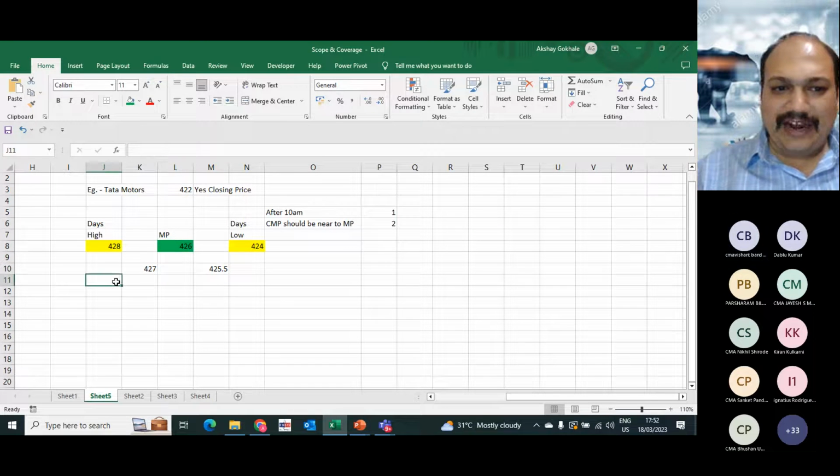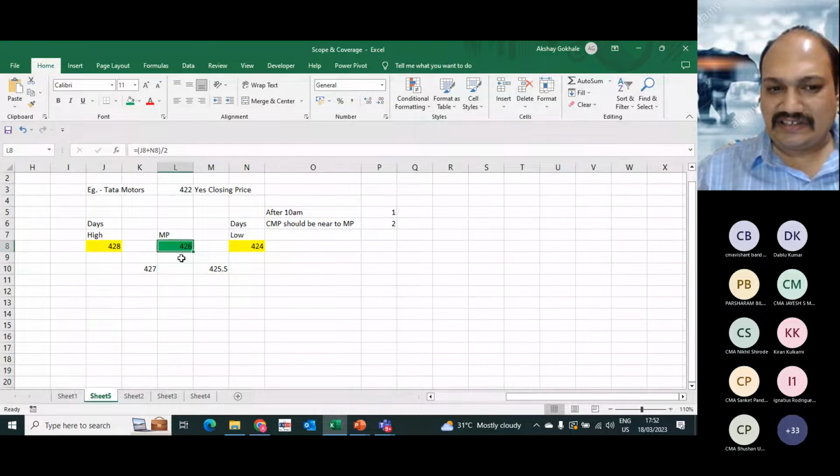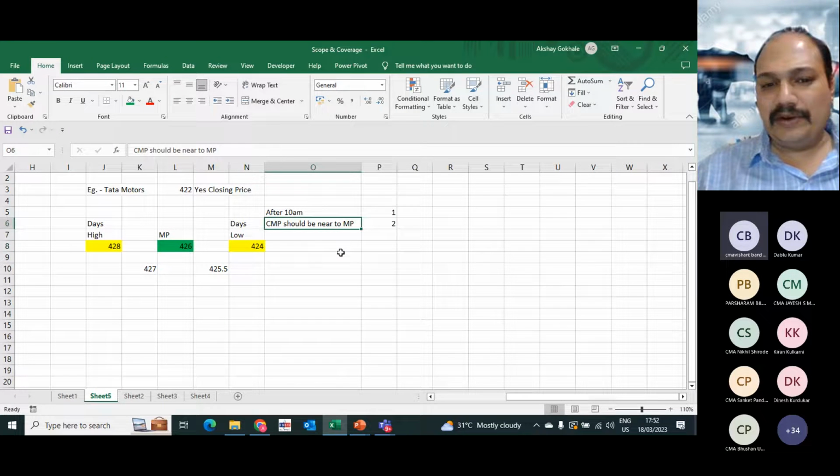So if Tata Motors is trading at 430, for example, 430 is far away from 426. There is a gap of 4 rupees, or in other terms, a gap of 1%. So it is far away, it is not near to the midpoint, so you have to ignore Tata Motors at that particular time.